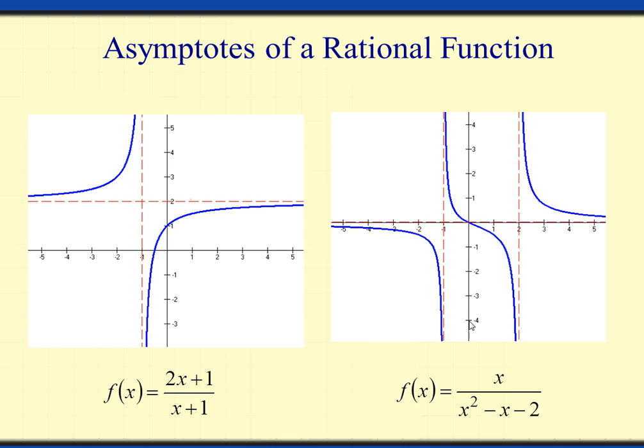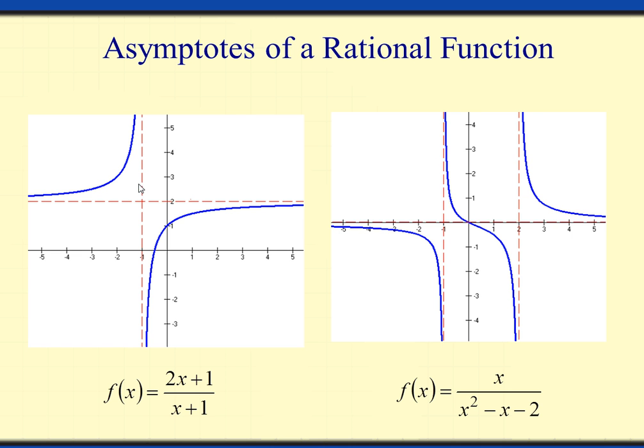Notice here we have 3 different parts of the graph. The vertical asymptotes break the plane into three separate parts, and we have a branch in each of those parts.